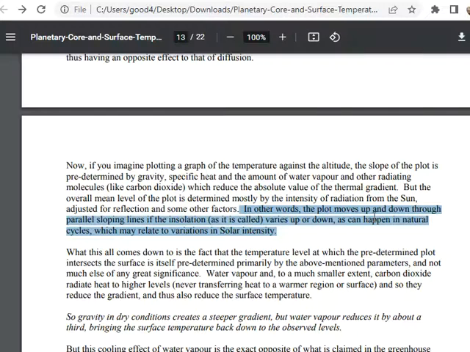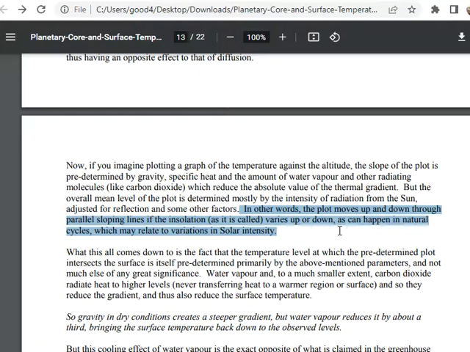It says the plot moves up and down through parallel sloping lines if the insolation, as it is called, varies up and down, as can happen in natural cycles, which may relate to variations in solar intensity. Okay, so I think what that means is, if I moved this thing and kept it parallel, what would happen?